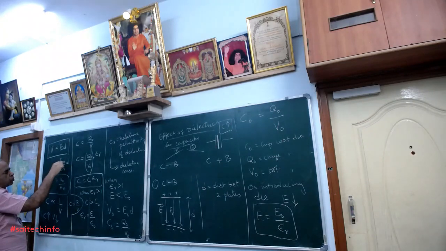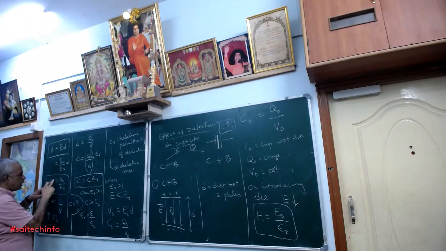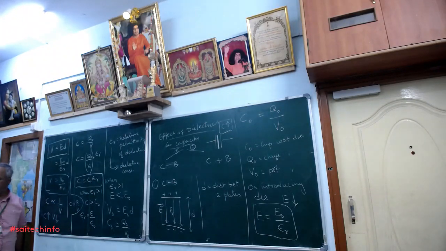Now we have got E naught divided by epsilon R into D. Because E naught D is equal to V naught, as we are claiming here, V is equal to E into D, V naught is equal to E naught into D. So E naught into D can be represented as V naught. Therefore V is equal to V naught divided by epsilon R.